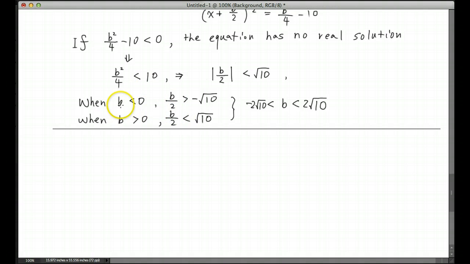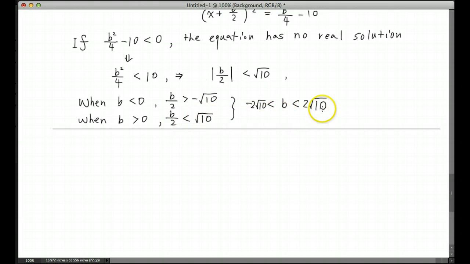Okay, and then it depends on what b is. If b is negative, then this one has to be greater than negative square root 10, right? And when b is positive, this one has to be smaller than the square root of 10. Based on this, you multiply 2 on both sides, so b is either more than negative 2 square root 10, or b is smaller than 2 square root 10.